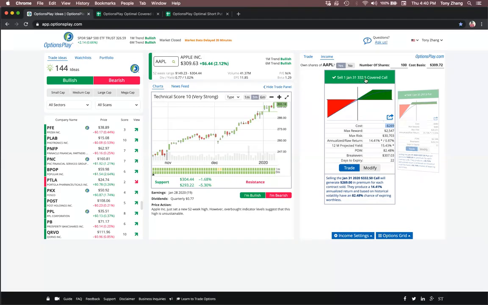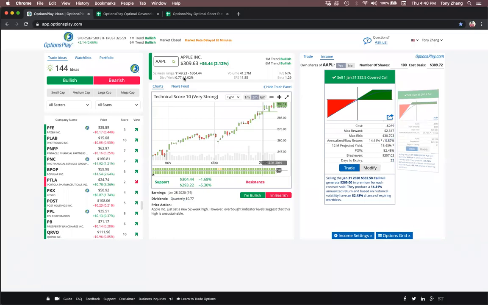So selling this 332.5 covered call generates $269 in income, which is 0.87% of the underlying stock price. So think about this. If you own 100 shares of Apple, you would receive roughly $77 in income every quarter from the dividend. Here, you're receiving $269 in just 22 days.